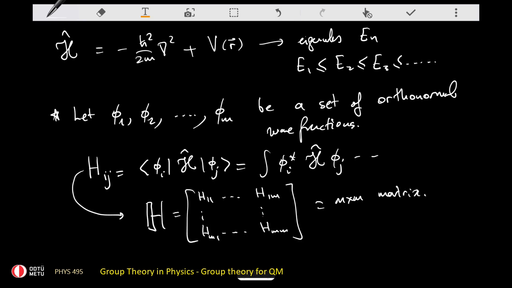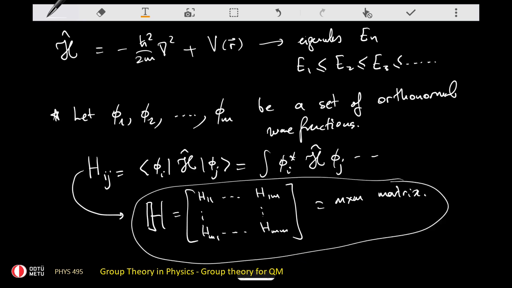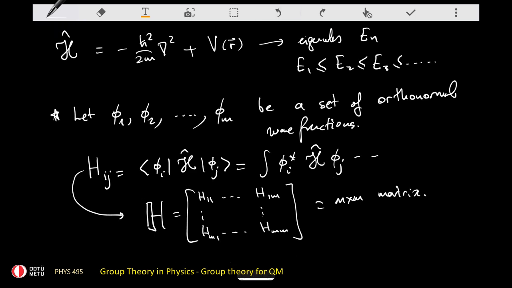What I am claiming is that this matrix is a submatrix of that Hamiltonian operator. The reason is this. This is an orthonormal set of wave functions, but it's not a basis because, of course, our vector space is infinite dimensional.